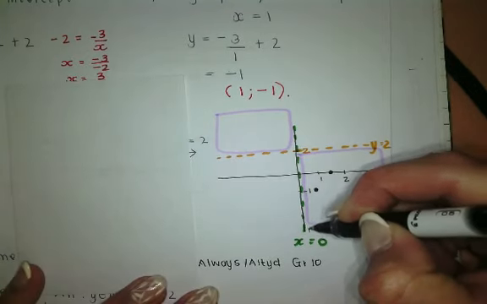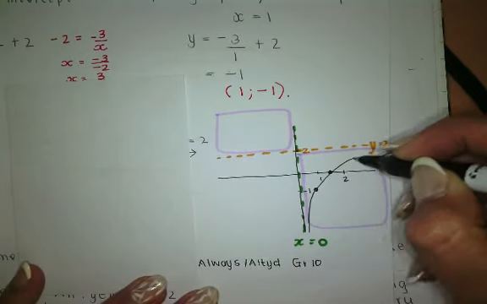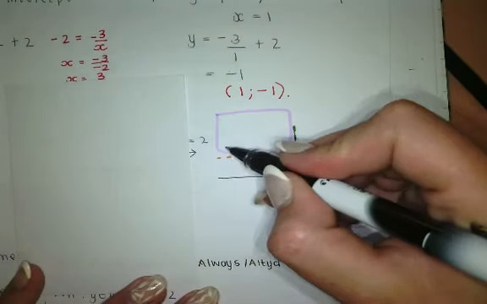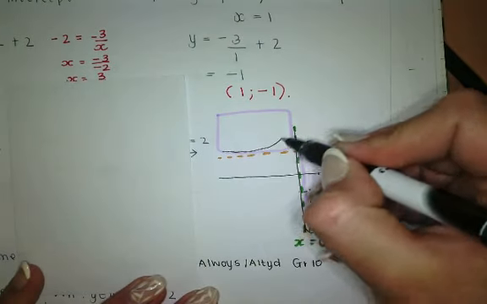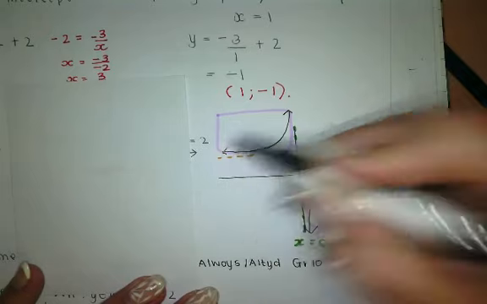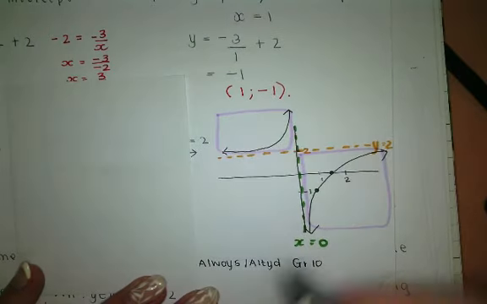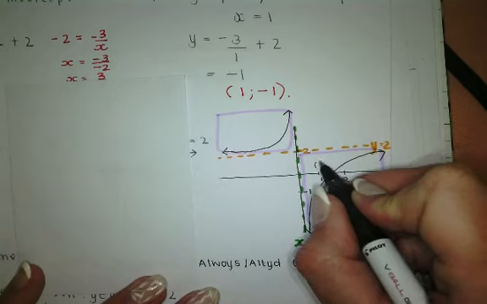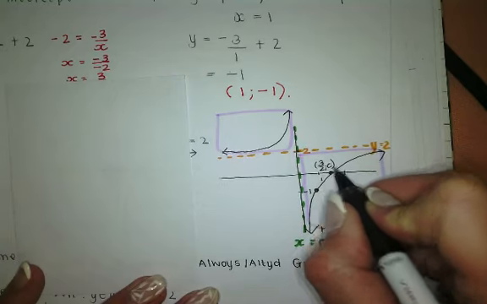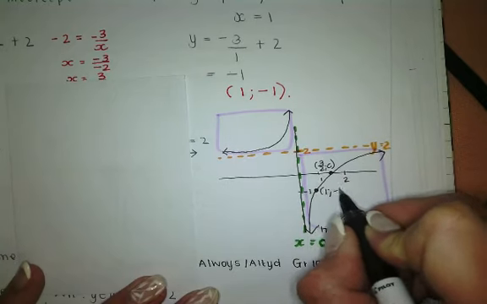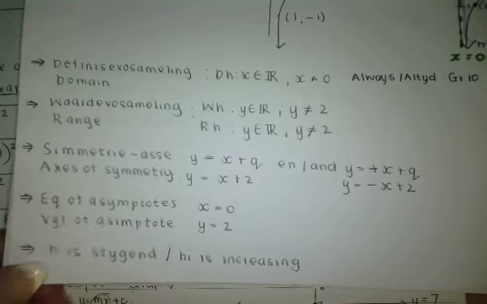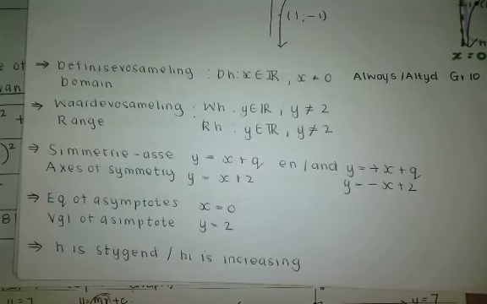Quadrant 2, sorted, and then this one we're just going to add in our arm here. Label your graph h of x, label your important points, and we're good to go.